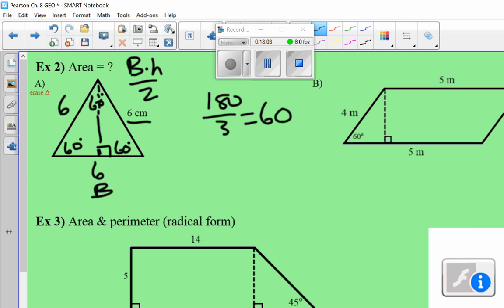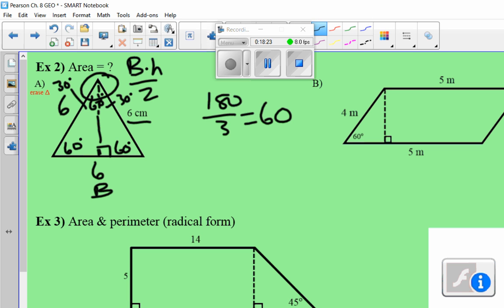How do I do that? Well, what happened is that up here, when I drew in that height, I split that angle, and so now that angle became 30 and 30. So that leaves me then with a 30, 60, 90 triangle, and I can use that to get what I need. Okay.